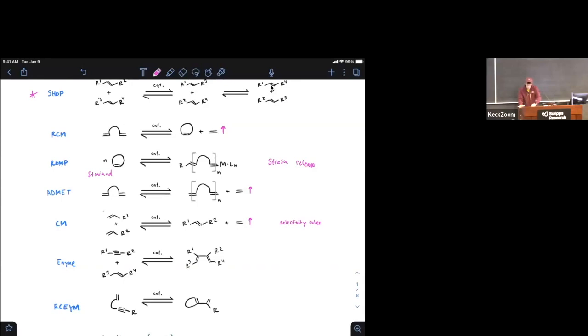That's where a non-conjugated diene is converted to a polymer under conditions in which constant purging of ethylene is operative. This is not as widely used as ROMP, as you can imagine. You need more specialized setup to make this go efficiently, but it is still a transformation that you should be aware of.